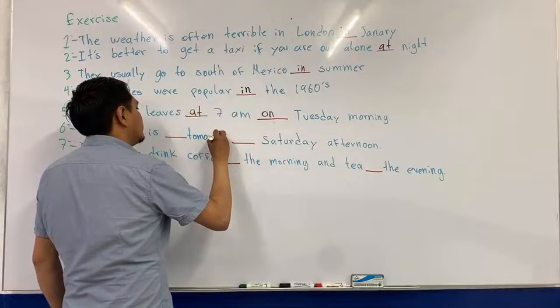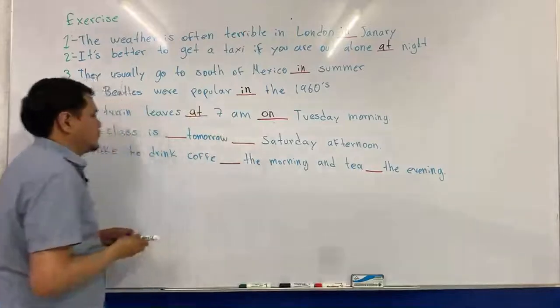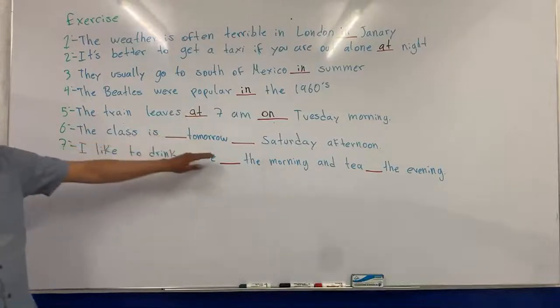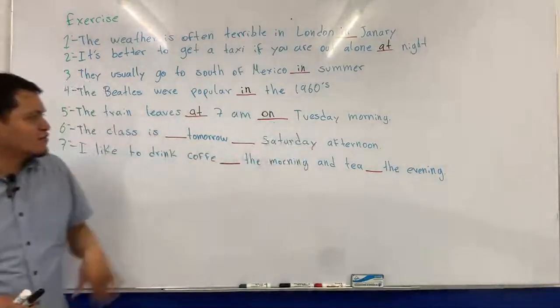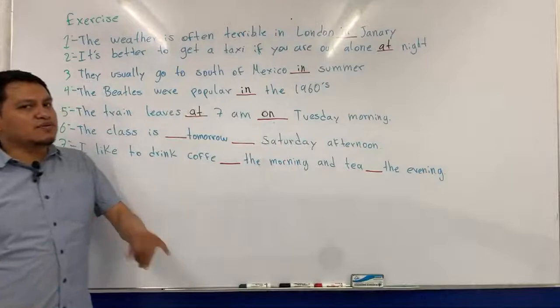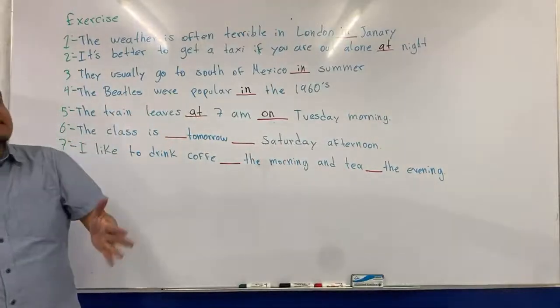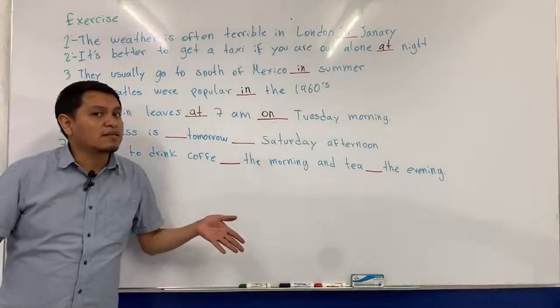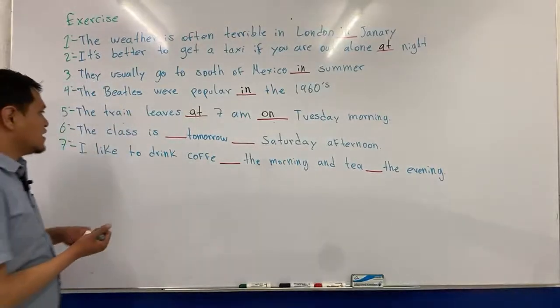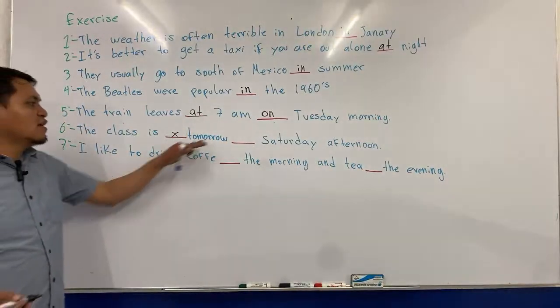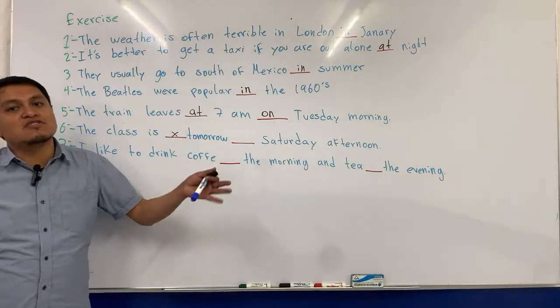Tomorrow, right? The class is tomorrow, Saturday afternoon. What word do we use for tomorrow? In, on, at, nothing, what? In this case, nothing, right? I mean, tomorrow doesn't need the preposition of time.